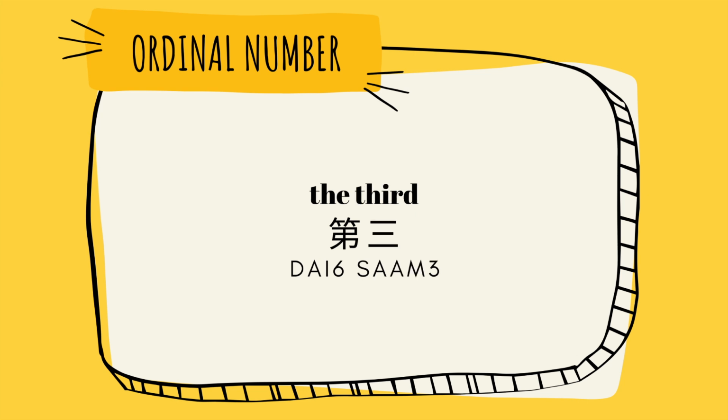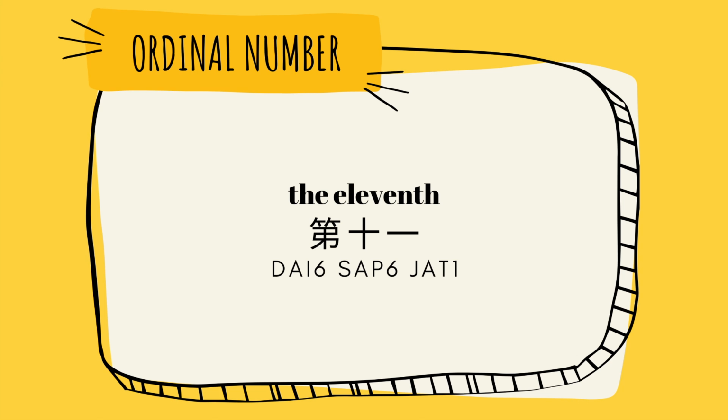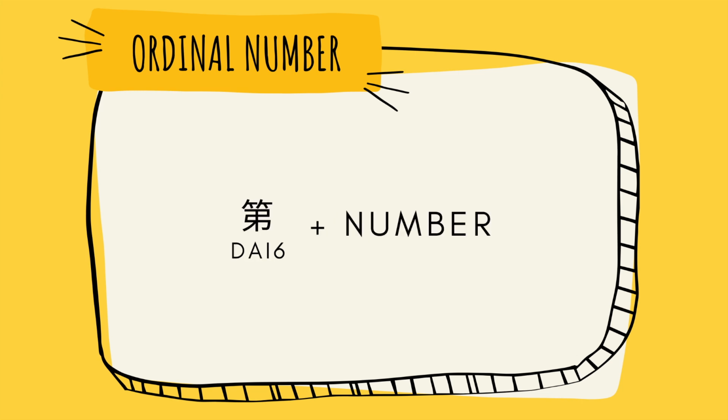Third, 第三. 11th, 第十一. So by adding 第 at the beginning and then the number, it becomes the ordinal.